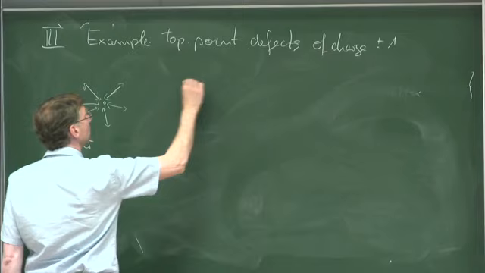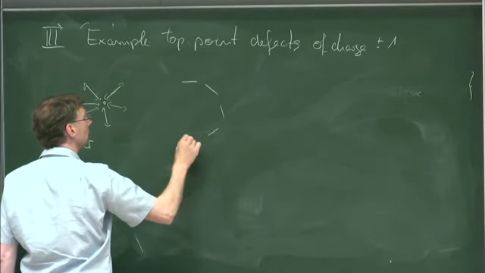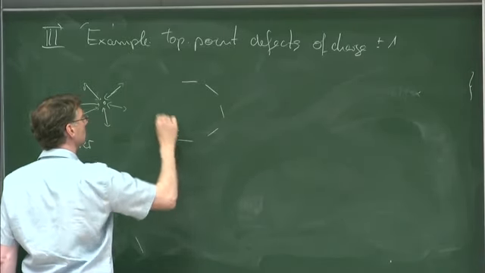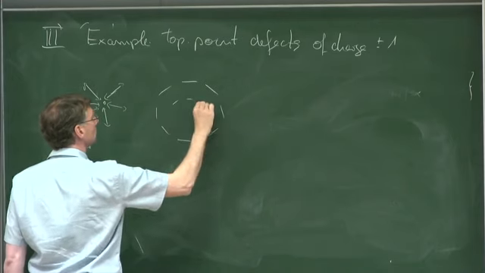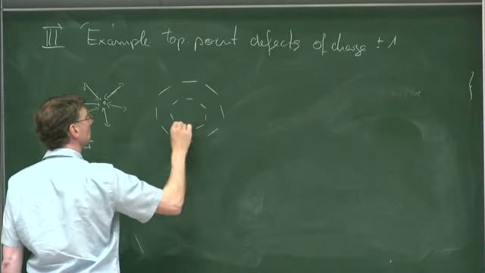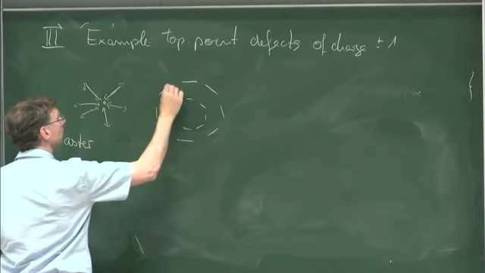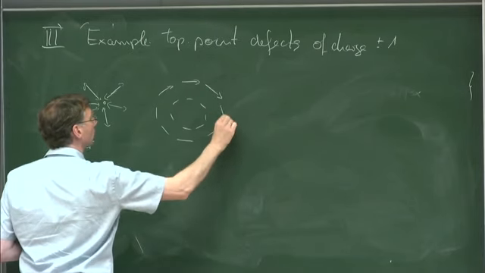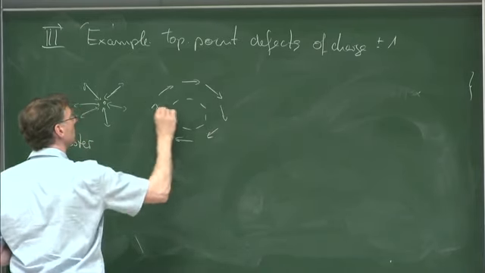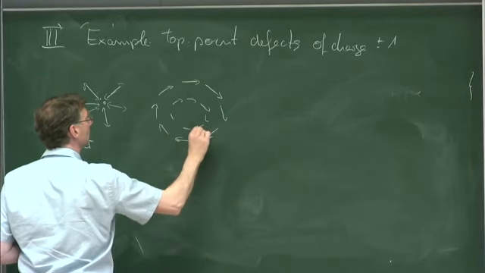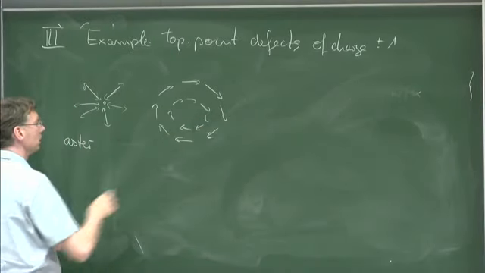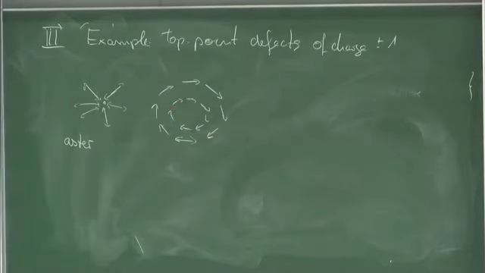You can have something like this. And again, you might have the polarization vector pointing clockwise or counterclockwise. I'll not write them all down, so you get the idea, I guess.